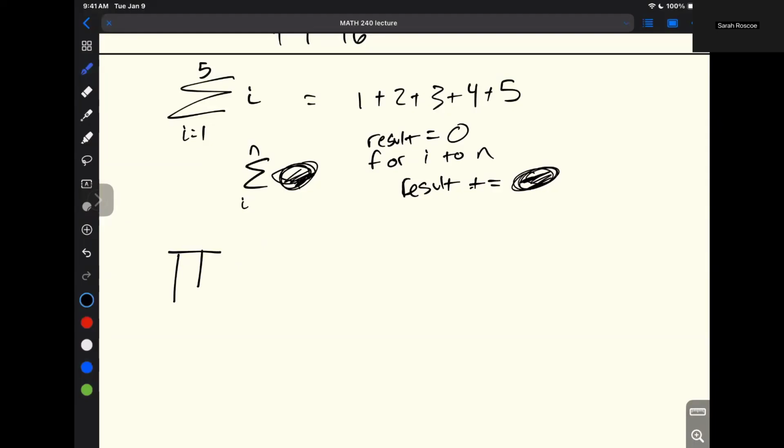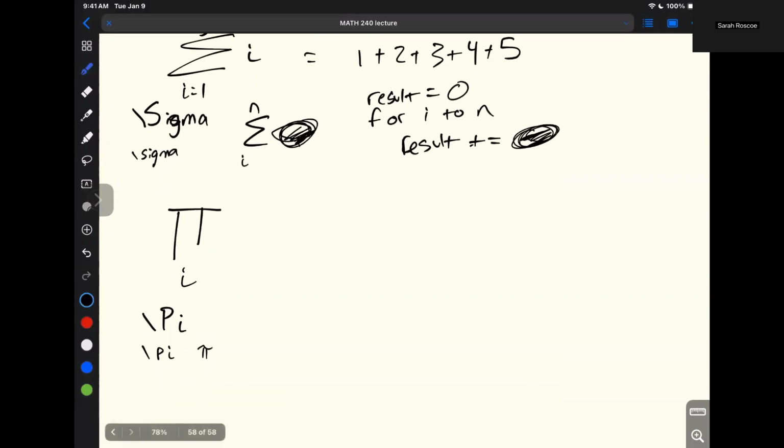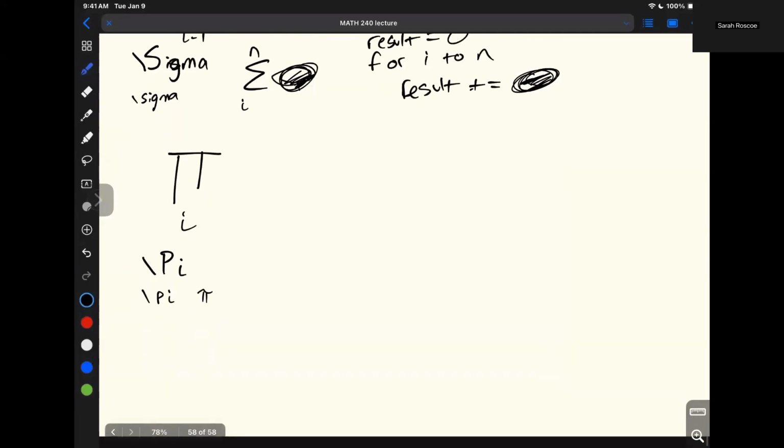Something else you'll probably see notation wise is this. This is capital sigma. This is a capital pi. There's also a lowercase sigma and a lowercase pi, which is just the normal pi that you've used in geometry.